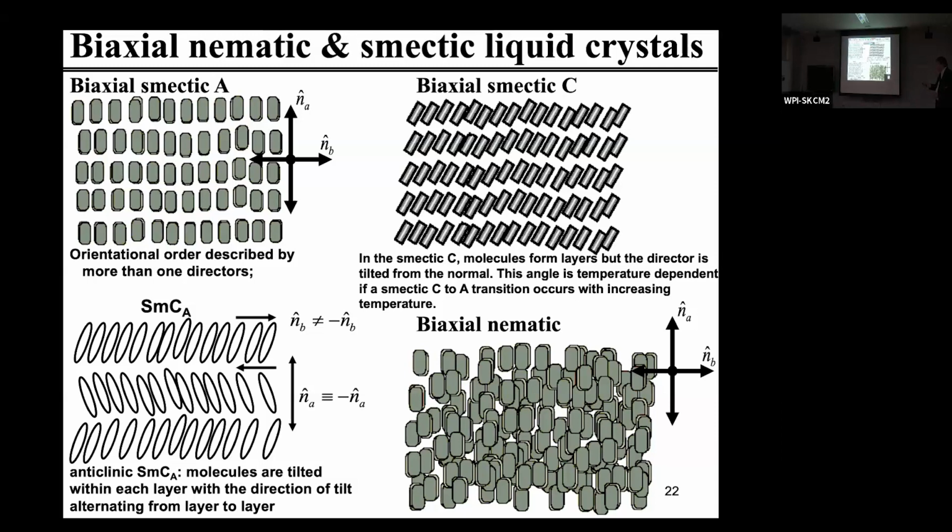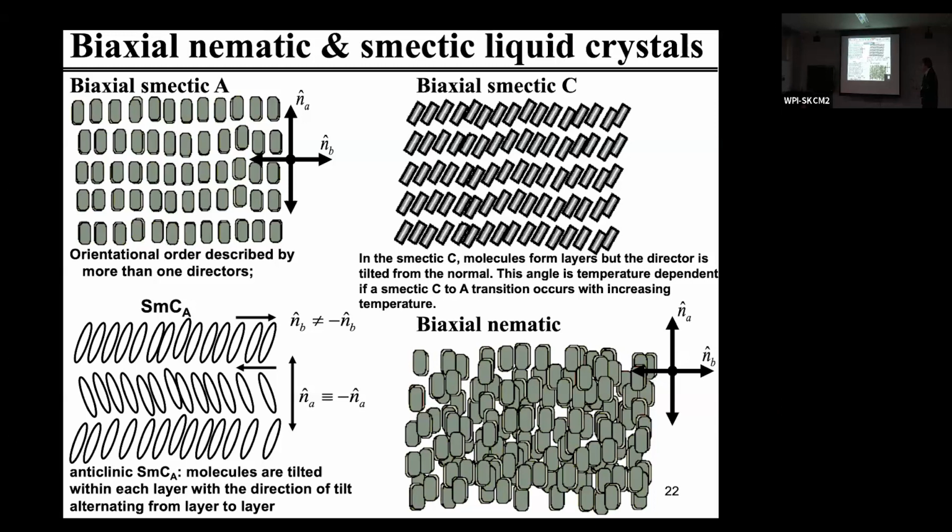So similarly, for example, in smectic A, we can have a director and B describing the orientational ordering of the shorter or intermediate axis of these brick-like molecular building blocks, right? Another variant of smectic C that we looked at in here, where the molecules are oblique relative to the layer normal.